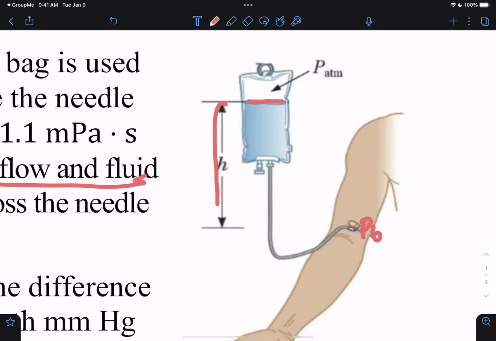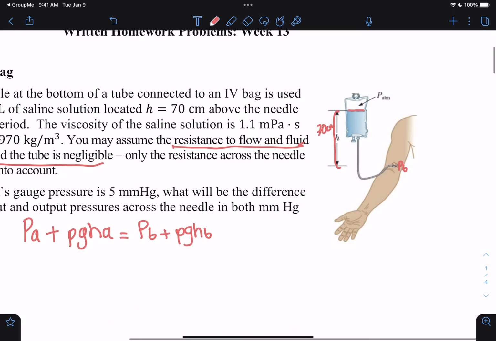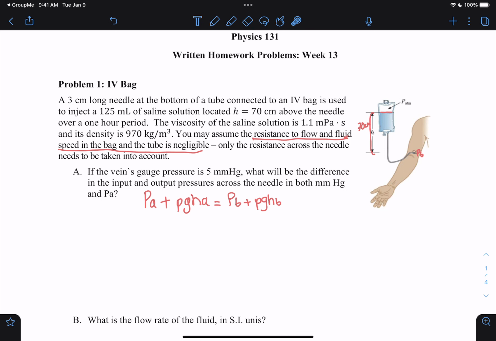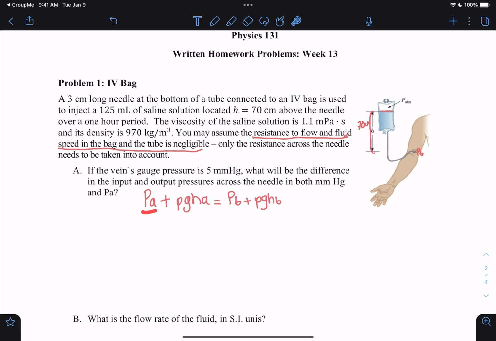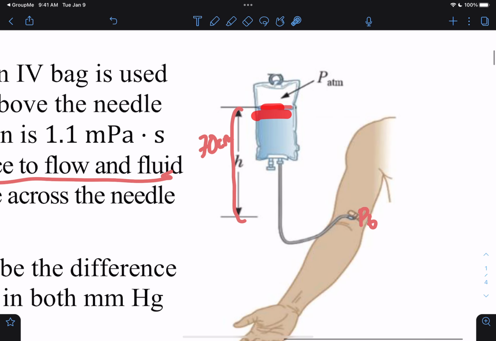So this whole height here is 70 centimeters. That's our height. That being said, they told us that the pressure at B, or the pressure at the vein, the gauge pressure, is 5 millimeters of mercury. Okay, well, excellent. 5 millimeters of mercury, that's our gauge pressure there. Okay, cool. How about at A? What would our gauge pressure be here?